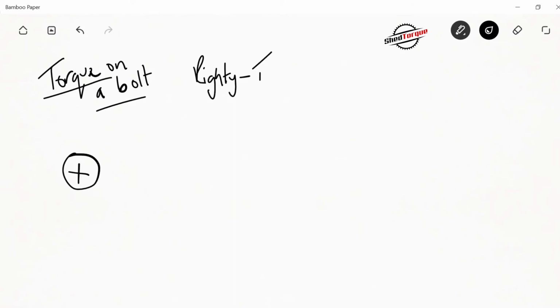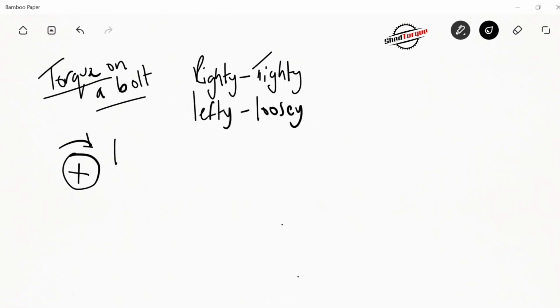That expression is, as you know, righty tighty, lefty loosey. So if we tighten this, we go in. Let's talk about the page now, the screen. We go into the page, or into the screen.